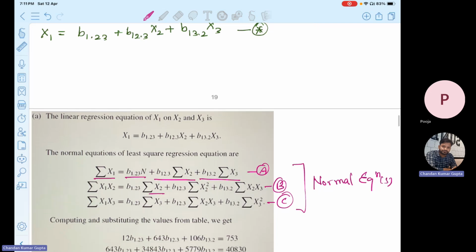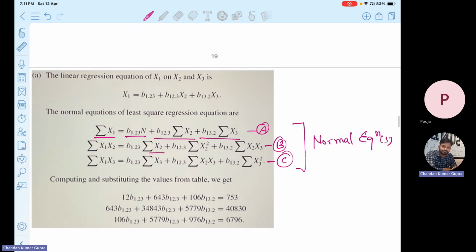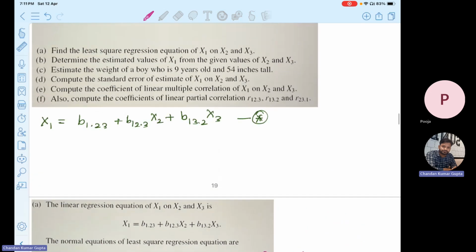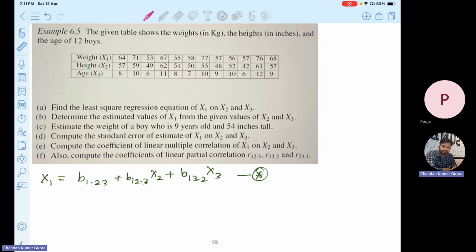Now we have three equations and three unknowns: b1.23, b12.3, and b13.2. We can solve with the help of any software. We are given the data for X1, X2, and X3.